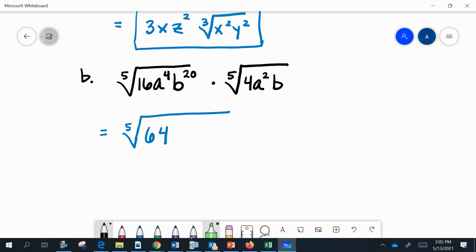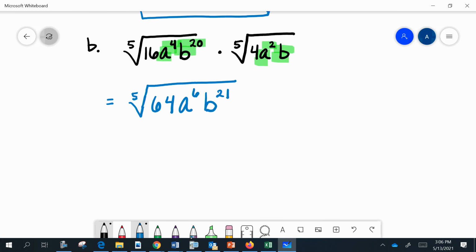When we take a to the 4th times a squared, that's going to give us a to the 6th power. And then finally, we're going to take b to the 20th times b, and that's going to condense to be b to the 21st. So really, we do have a problem like example A. We just had to multiply our roots together first. All right, so here's what's going to happen.